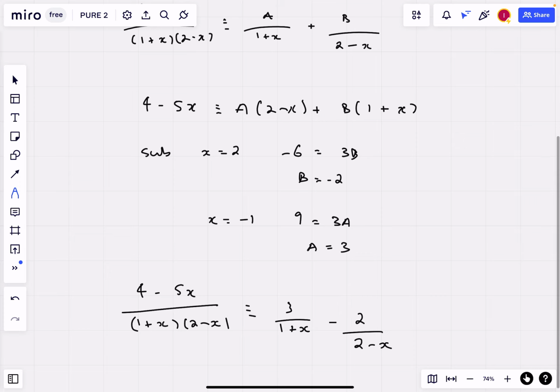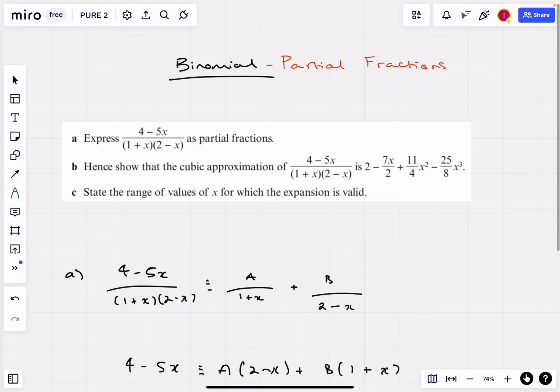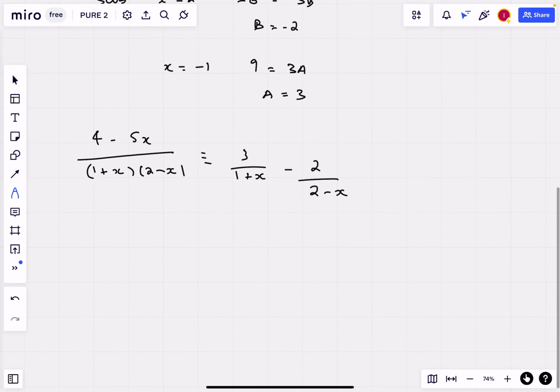Now, in part B, it says, hence show that the cubic approximation of this is that. So to go from here to here, you need to apply binomial. To do that, you need to rewrite each of these as their brackets.